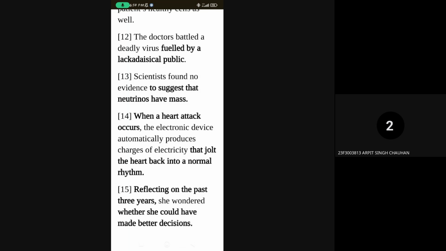So the whole of that part, to suggest that neutrinos have mass, is considered a subordinate clause, but only that neutrinos have mass would be considered as a noun clause. So it's an embedded clause. There's a larger infinitival clause, which is to suggest that neutrinos have mass. Within that infinitival clause, you have a noun clause, which is that neutrinos have mass.